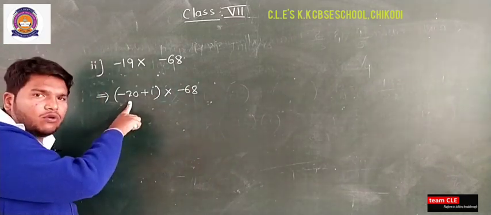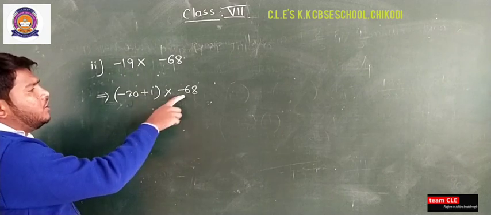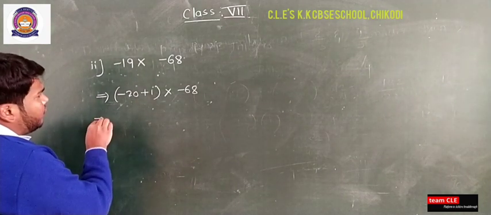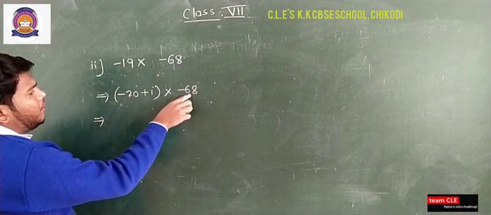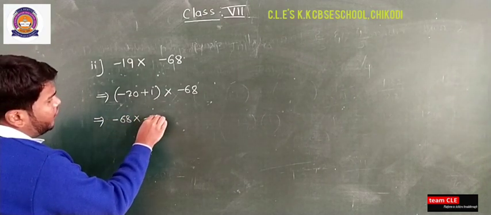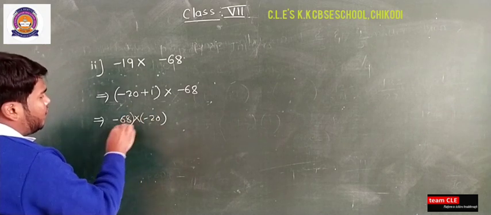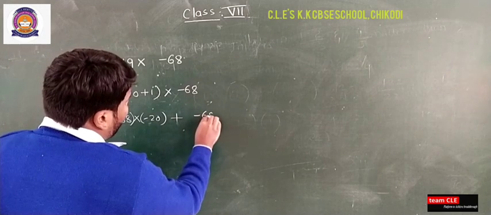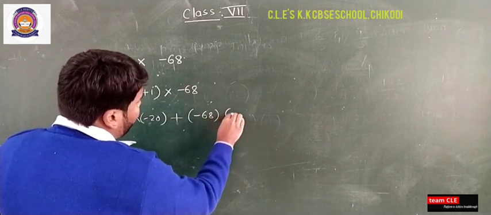I choose a equals minus 20, b equals 1, and c equals minus 68. So first I multiply minus 68 into minus 20, and then I multiply plus 1 into minus 68, that is plus of 1.